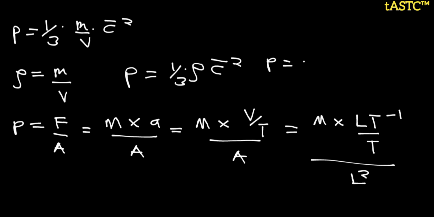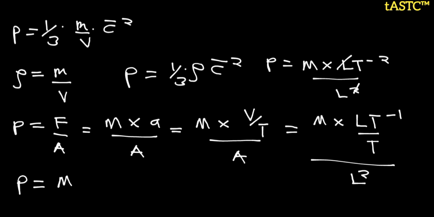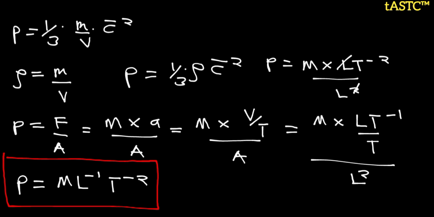So pressure is equal to mass multiplied by LT raised to the power of -2, divided by L squared. L can cancel one out, and you have pressure with its dimensions being M L raised to the power of -1 T raised to the power of -2. Taking L up produced the power of -1, as you can see here. This is the dimension for our pressure.